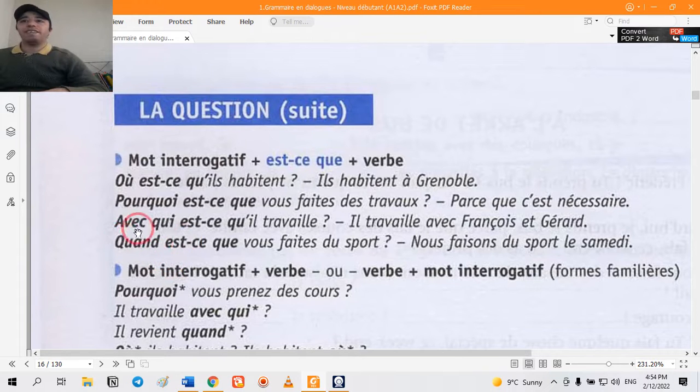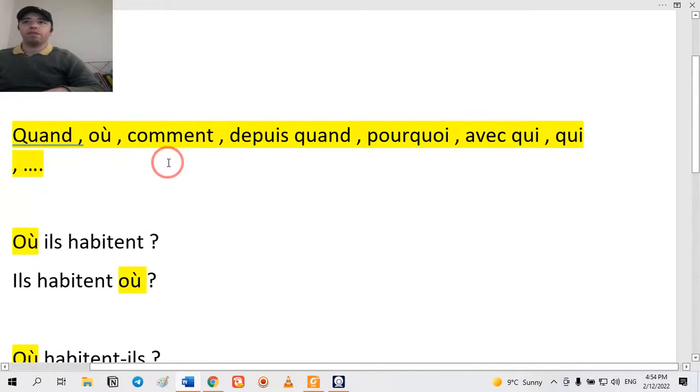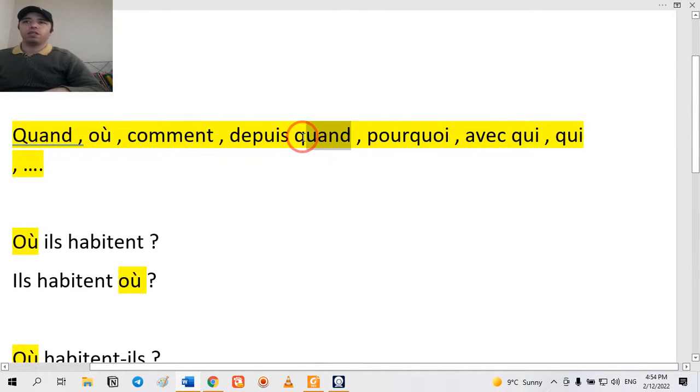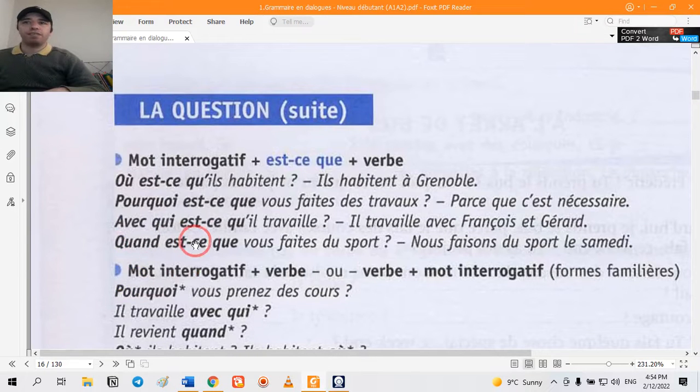Avec qui est-ce qu'il travaille? Il travaille avec François et Gérard. Quand est-ce que? Whenever you have quand as a question word, or for example comment, as I wrote here, and after that you have est-ce que, you must pronounce this like that: quand est-ce que.